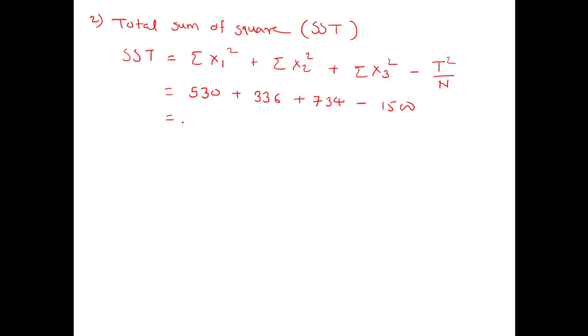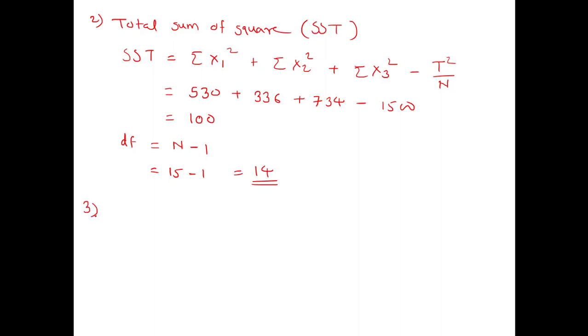So the total SST is 100. Now let's find out the degree of freedom for this SST. The degree of freedom for SST is equal to capital N minus 1. Capital N we know is 15, total elements of all the samples, so this is 15 minus 1. So degree of freedom is 14 here.